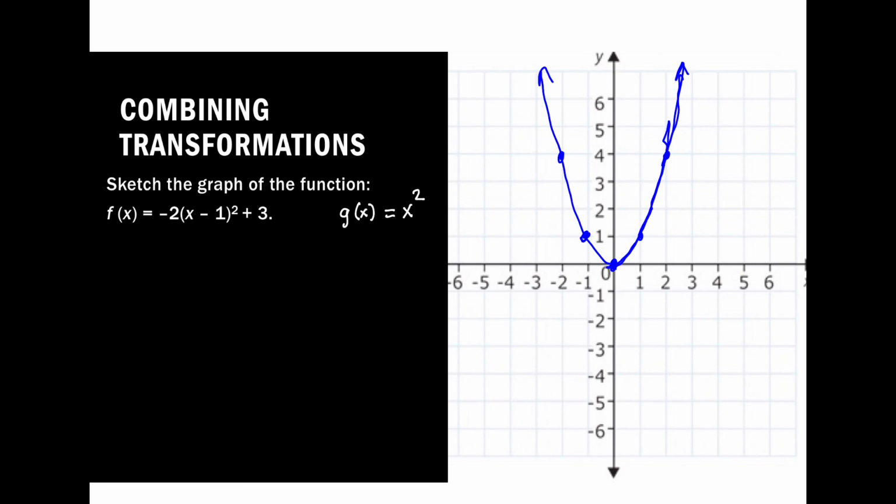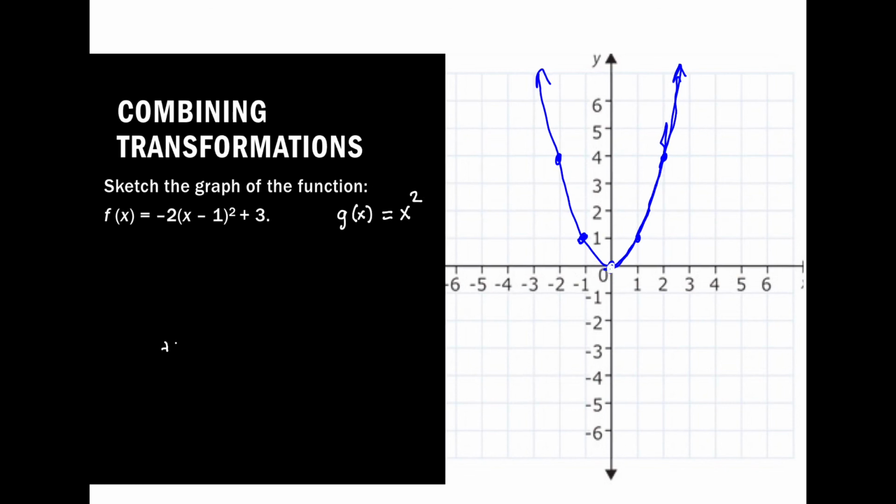Now, I do this because I want to be able to graph some points for my new function, but I need to look at where my vertex is going to be. And then I'm going to pick points that are around that x value, right? Because x's are what we're plugging into our function. So looking at what we have here, we have a subtraction of 1 to start off with.